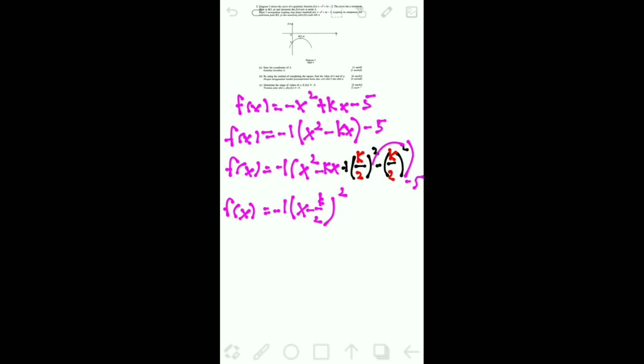Then this term here needs to be outside, so you expand back the k over 2 squared. You must multiply with negative 1, so negative 1 times negative k over 2 squared is simply positive k squared over 4. Then k squared over 4 minus 5, don't forget the negative 5. And actually we are done.